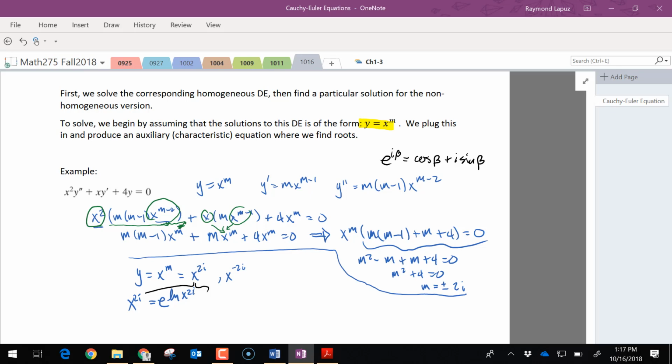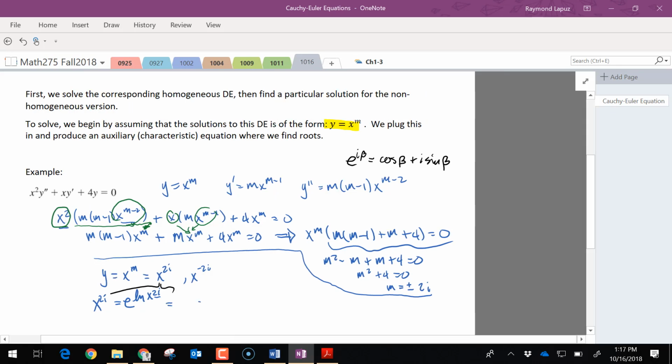So I'm kind of almost there, except this has to be e to the I beta, right? So there's another rule for logarithms. The 2i, e to the 2i, and then ln x. So there's an I in there now, and then there's just the 2 ln x.